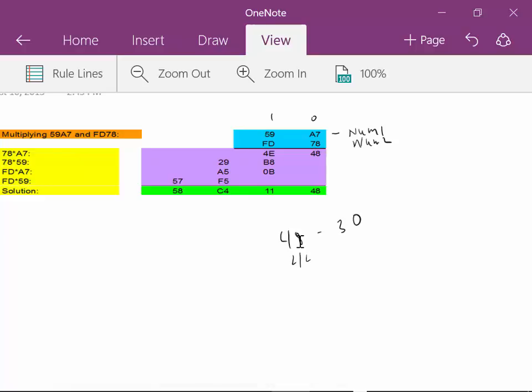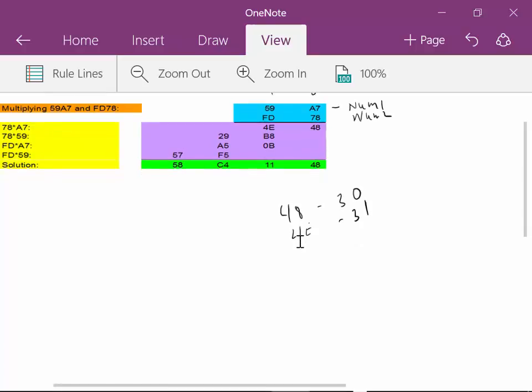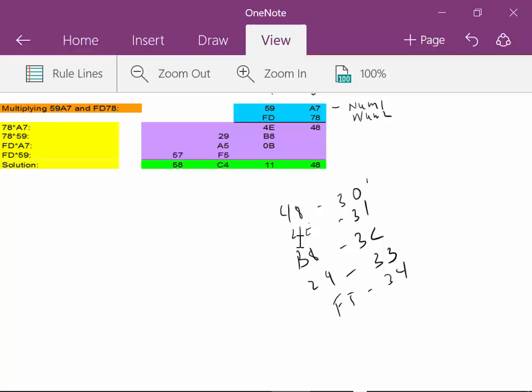The 4E is in location 31, right? The B8 is in location 32. The 29 is in location 33. The F5 is in location 34. And these are all hex. The 5-7 is in location 35.